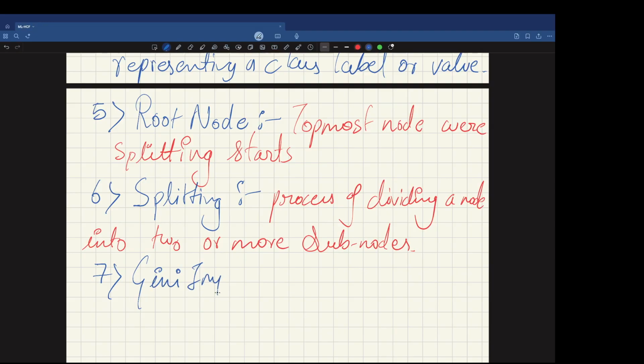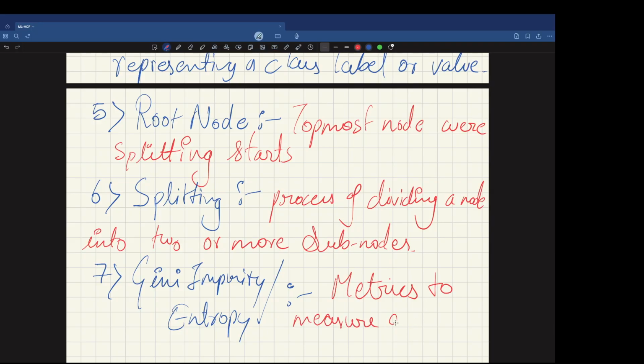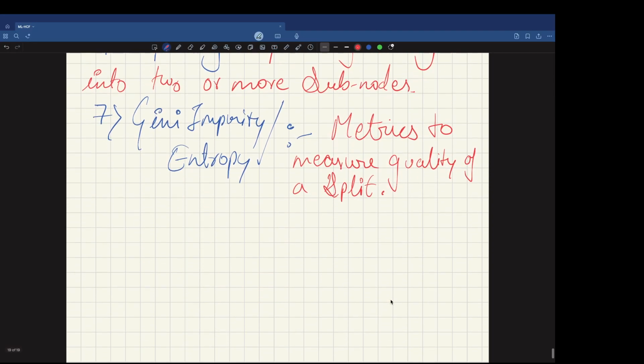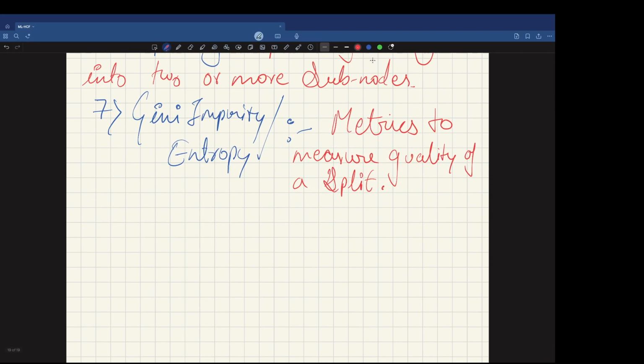Gini impurity or entropy, nothing but metrics to measure the quality of a split. This is the seventh point.